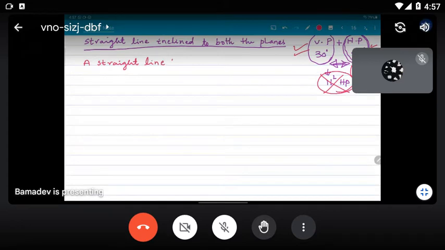A straight line AB is 70 millimeter long. It is in first quadrant.